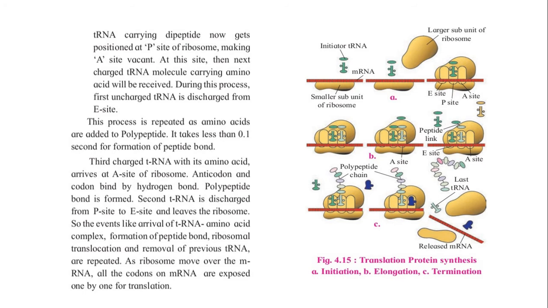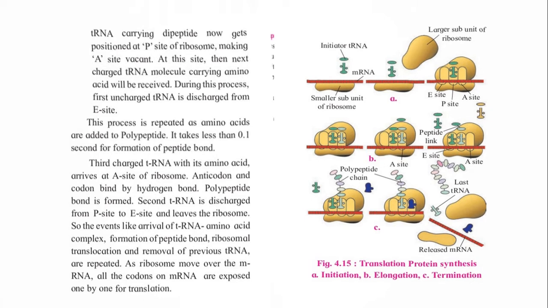So, the events like arrival of transfer RNA amino acid complex, formation of peptide bond, ribosomal translocation, and removal of previous transfer RNA are repeated as the ribosome moves over the messenger RNA. All the codons on messenger RNA are exposed one by one for translation. And this translation of protein synthesis consists of initiation, elongation, and termination as shown in the figure.